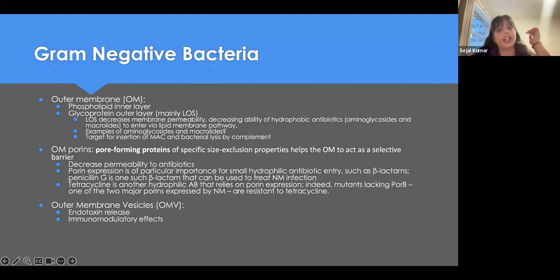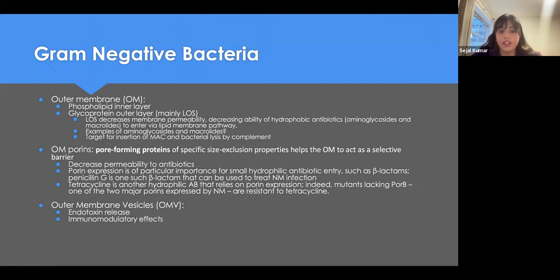So it's another mechanism to protect the bacteria against antibiotics because hydrophobic antibiotics won't be able to get through as much. And examples of these are aminoglycosides or macrolides because they can't enter through the lipid membrane pathway because of these.